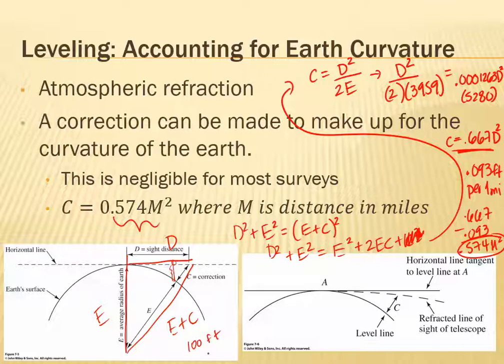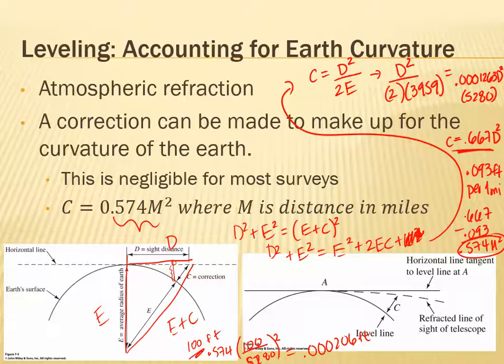That would be 0.574 times 100 over 5280 squared, and that gives me a correction of 0.000206 feet. So you see that for 100 feet, the correction's so tiny, we don't get till the 10,000ths place. So you are good.